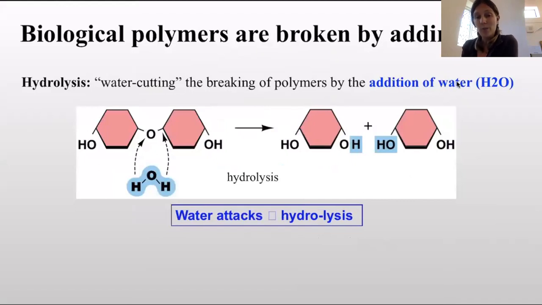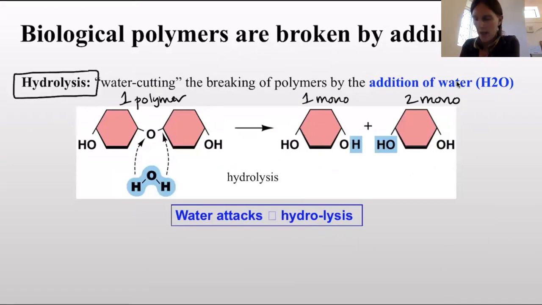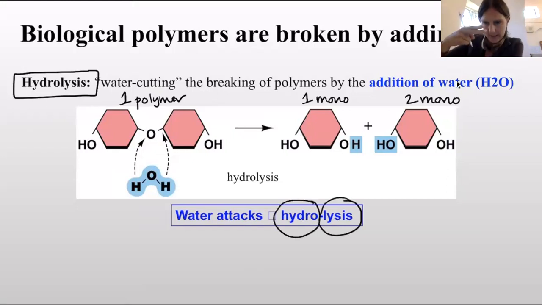Biological molecules can also be broken down from polymer to monomer. Here we have one polymer, and we are breaking it down into its monomers 1 and 2. The way this works, we also use water, and this is called a hydrolysis reaction. If you think of the word hydrolysis, it really is water cutting. Water is attacking here.